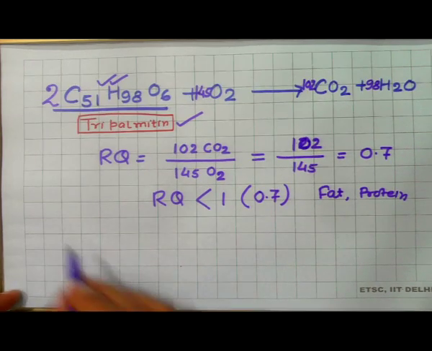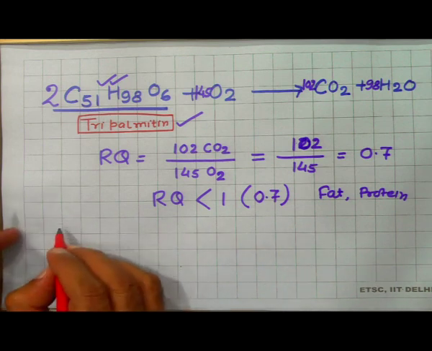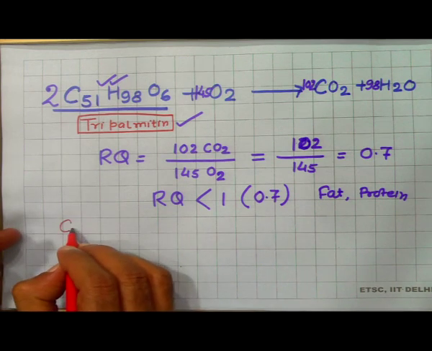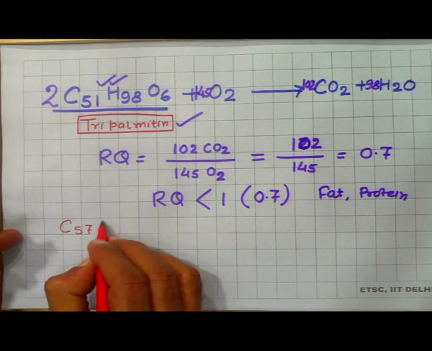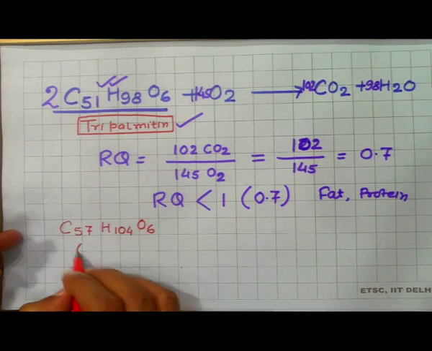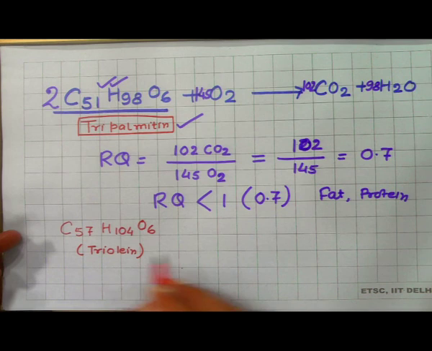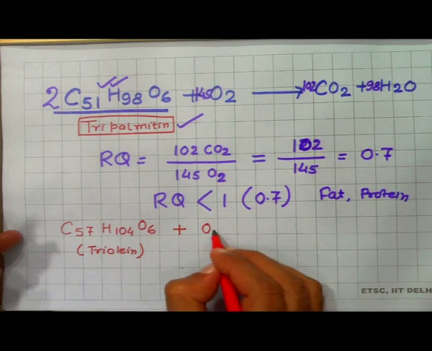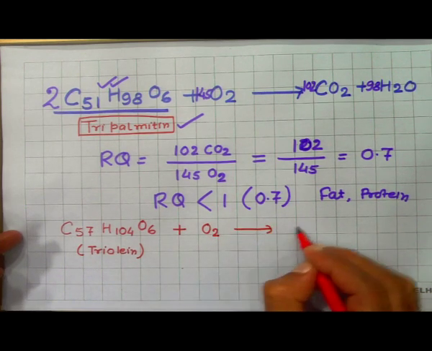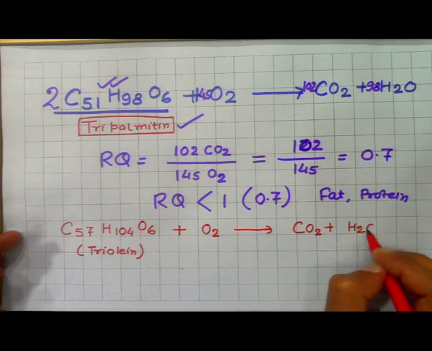Let us give another example, that is triolein. The formula is C57H104O6. This is called triolein. When it combines with oxygen, it also gives carbon dioxide plus water, no doubt.